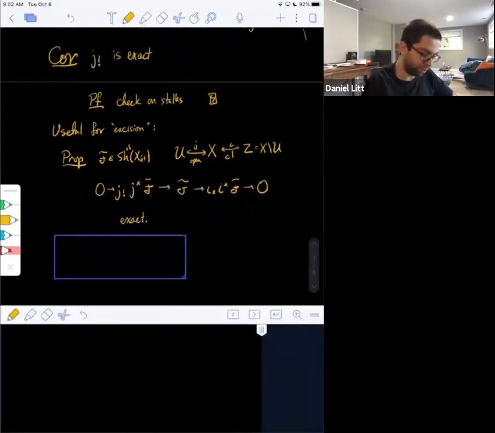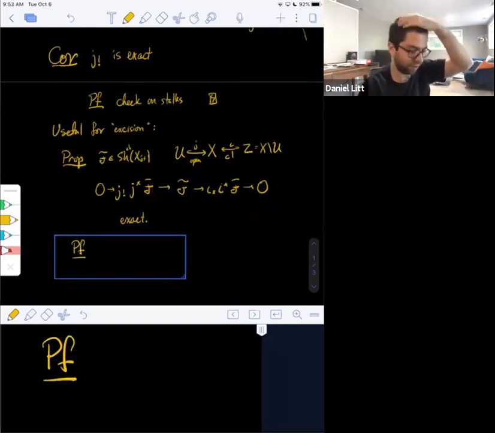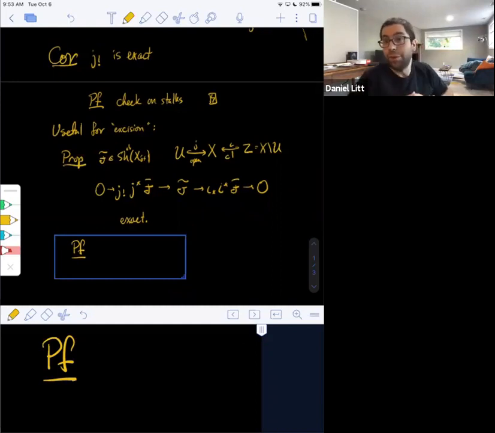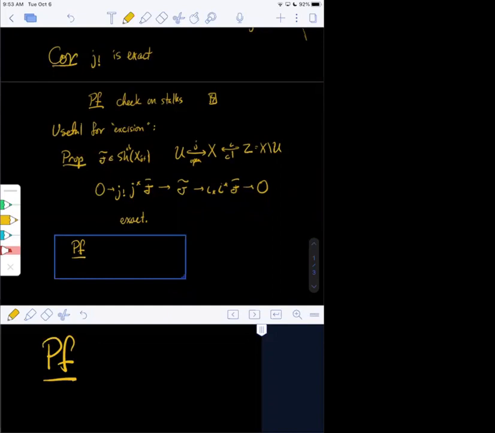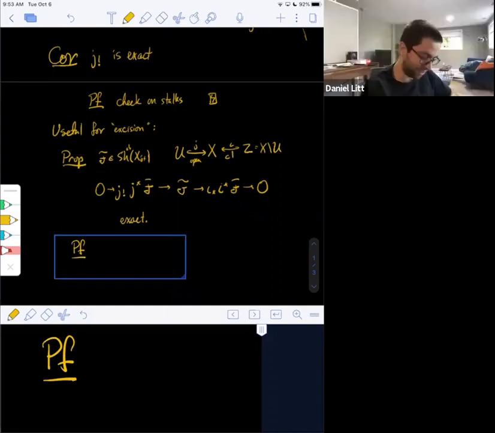So now let's prove exactness. Can anyone give me a hint as to how to prove exactness? How do we check exactness? Check on stalks again. Yeah, exactly. Let's check on stalks and see what happens.